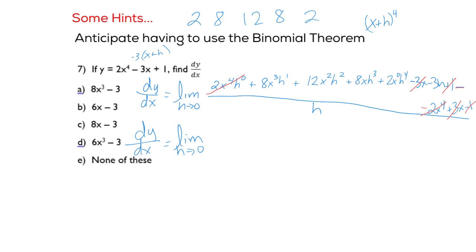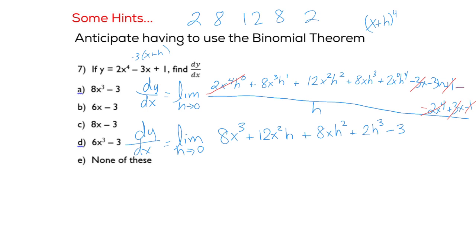So 8x cubed, h would divide out, plus 12x squared, but this is going to be an h to the first power, or just an h, plus 8x squared, plus 2, x to the 0 is really going away. It's just going to be an h cubed, and then a minus 3.